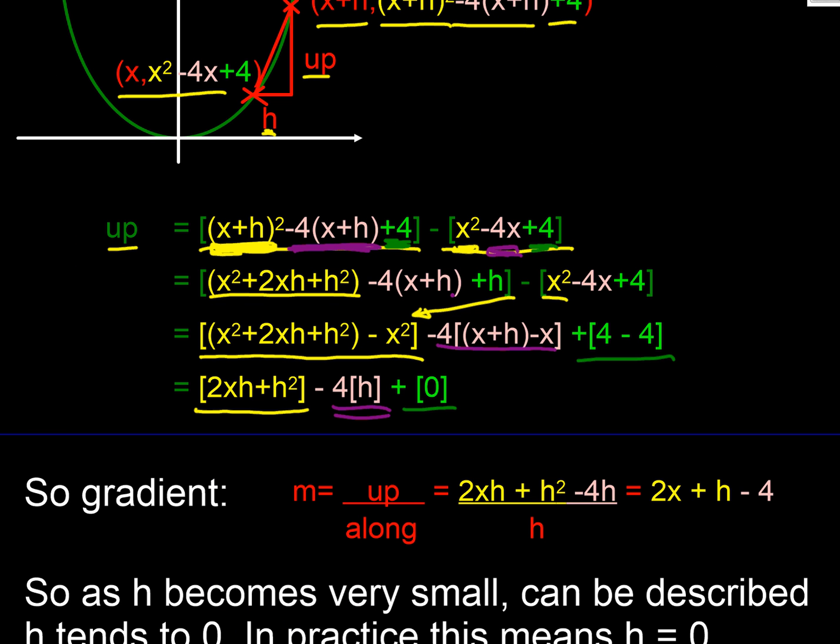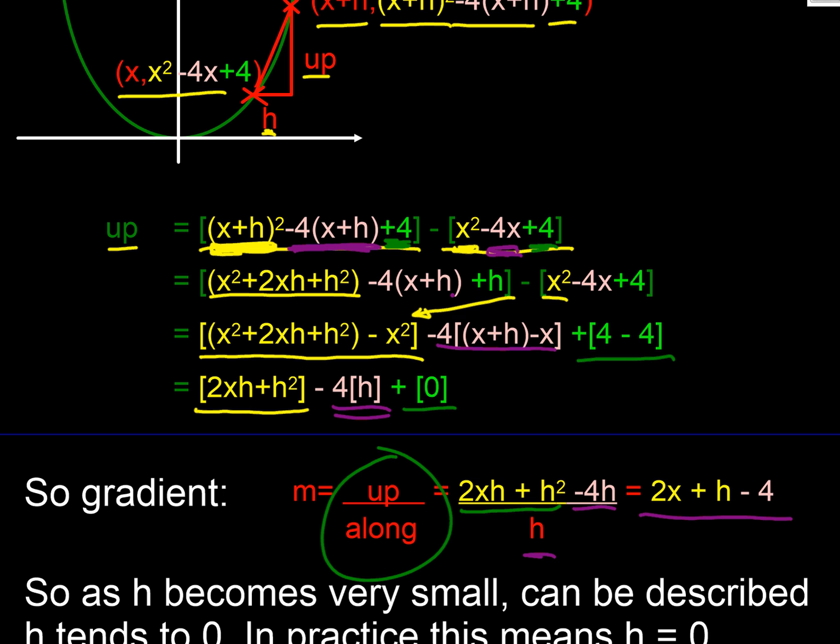And therefore if we now want to find the gradient, which is the up over the along, we've got our yellow section part of the expression, 2xh plus h squared there, that came from the x squared term, didn't it? And then we've got our minus 4h here, that came from the 4x term, and we're going to divide it by h, and therefore we end up with this expression.